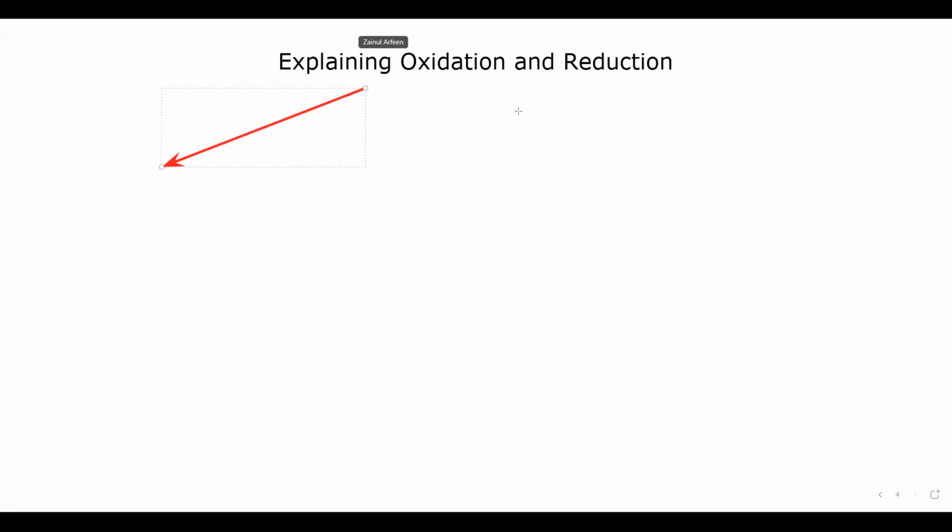So when explaining the concept of oxidation and reduction, there are 3 ways. Sometimes they give you the electrons or charge, sometimes the oxygen, and sometimes the oxidation number.